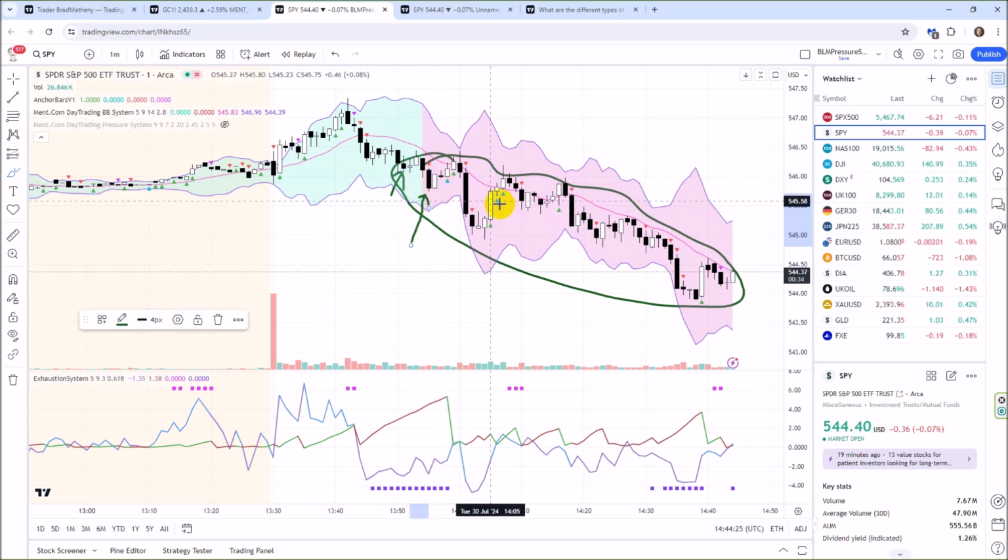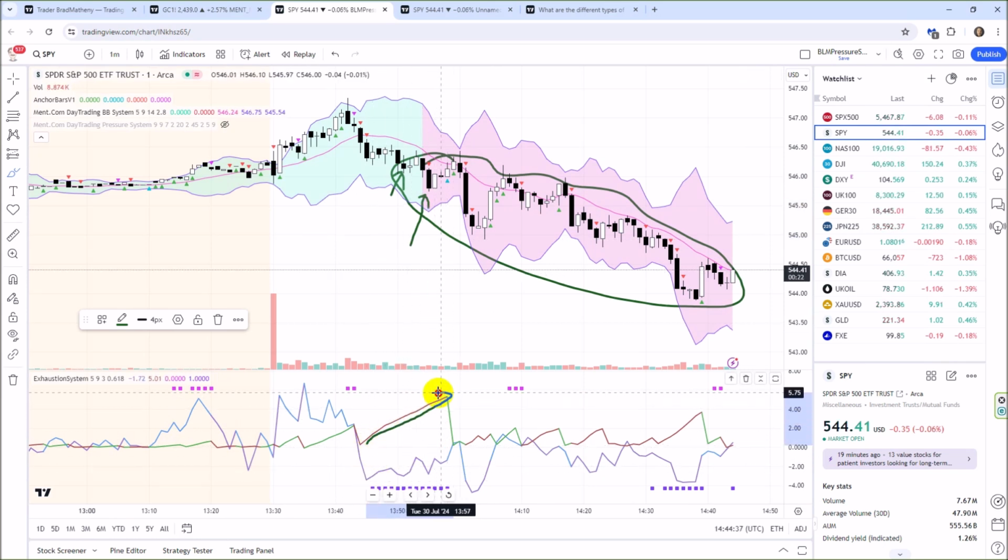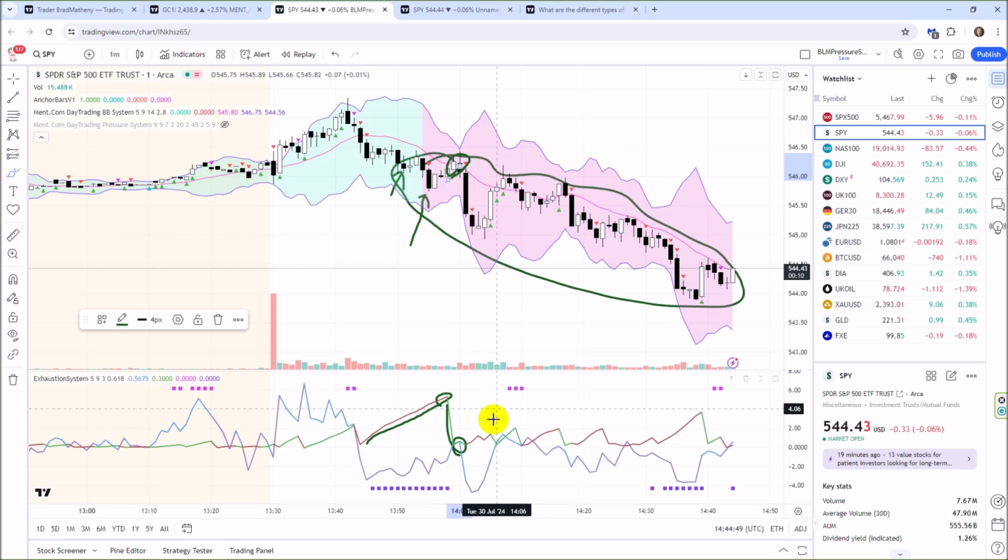Now, once you get in this mode, you can start looking for these types of rotations, and I'm going to show you. So we're in a predominant downward trend. This is a predominant downward trend right here. When it goes green and starts to roll in the opposite direction, that is a pullback. And that gives you an opportunity to wait for the roll and the potential downward trend. When we go green in a downward trend, that is our pullback.